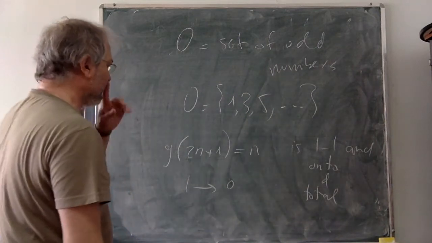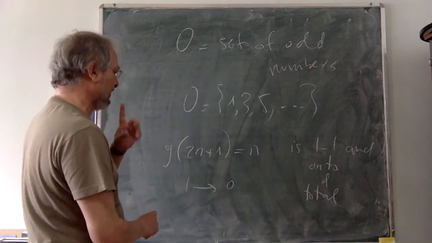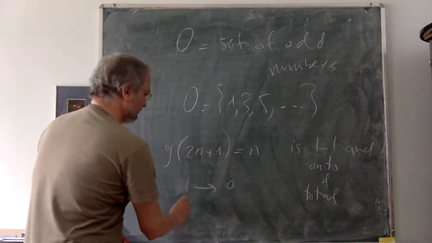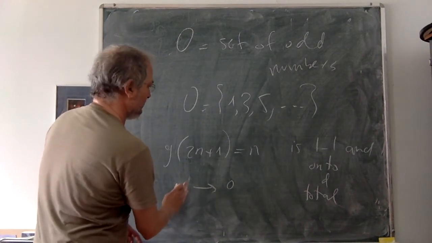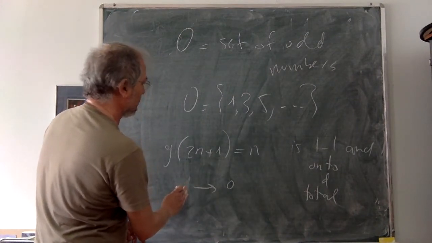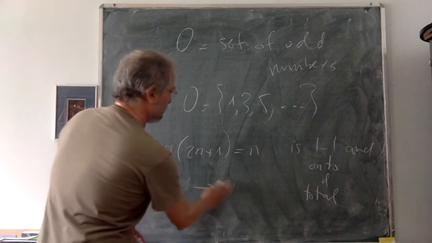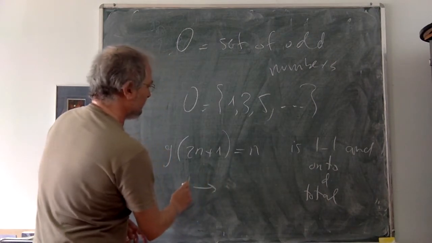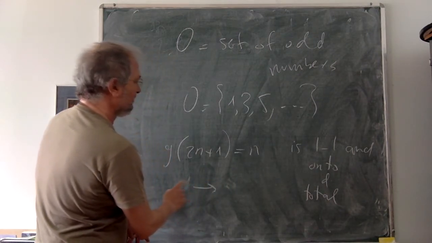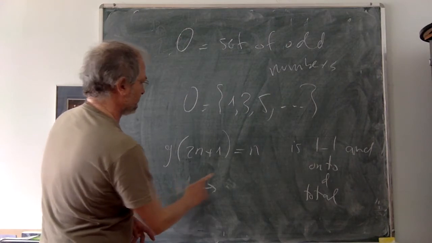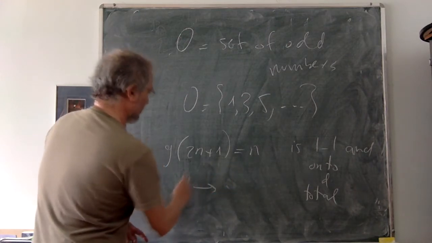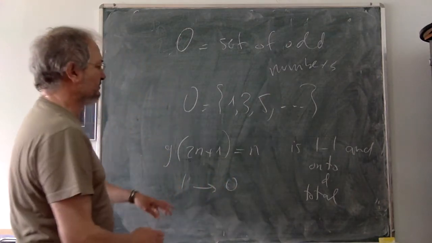When n is 1, sorry. One is mapped to 0. Right?